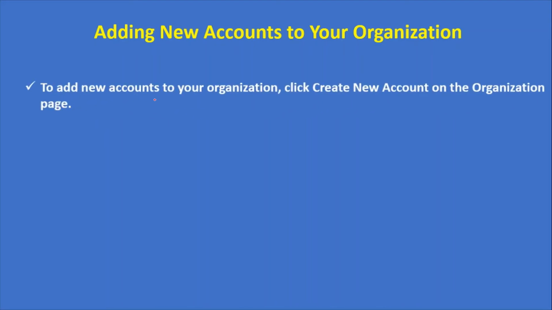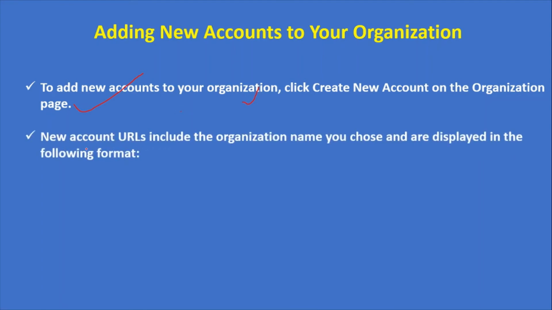Adding new accounts to your organization. To add new accounts to your organization, you need to click create new account on the organizations page. Here I am not going to show you how to create an account; I will make another video on creating new accounts from the organizations tab.